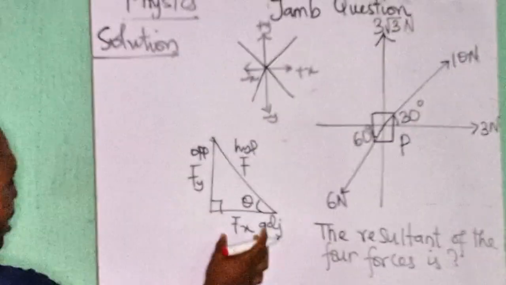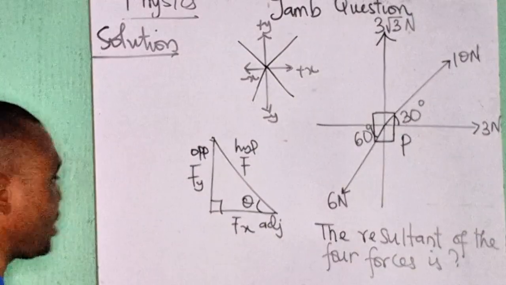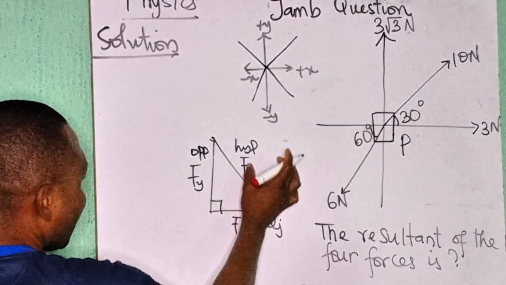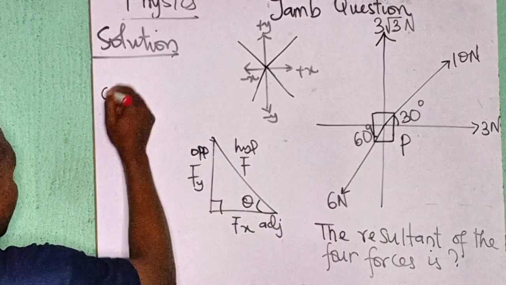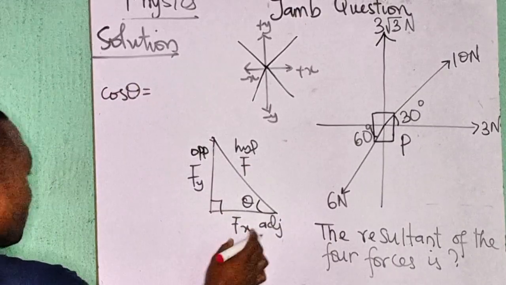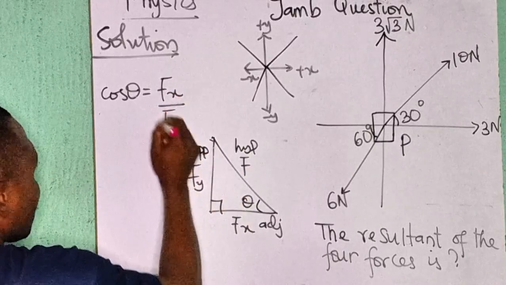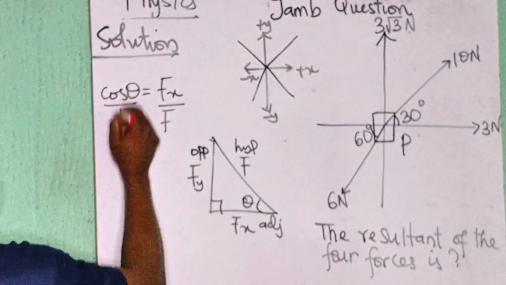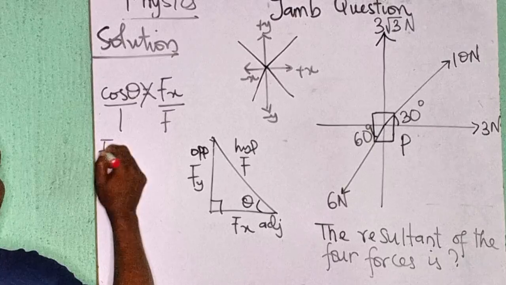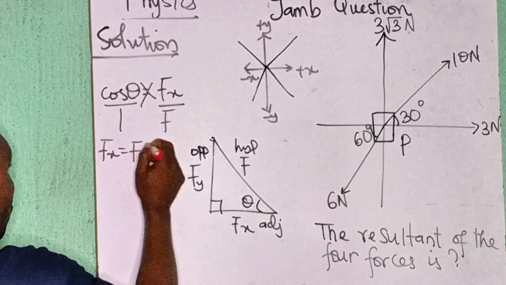Using SOHCAHTOA, the horizontal component is adjacent over hypotenuse, so cos theta equals fx over f. Cross multiplying, fx equals f cos theta.